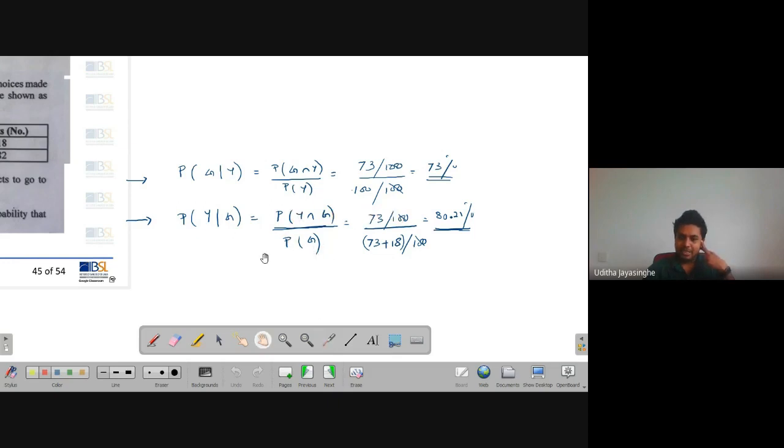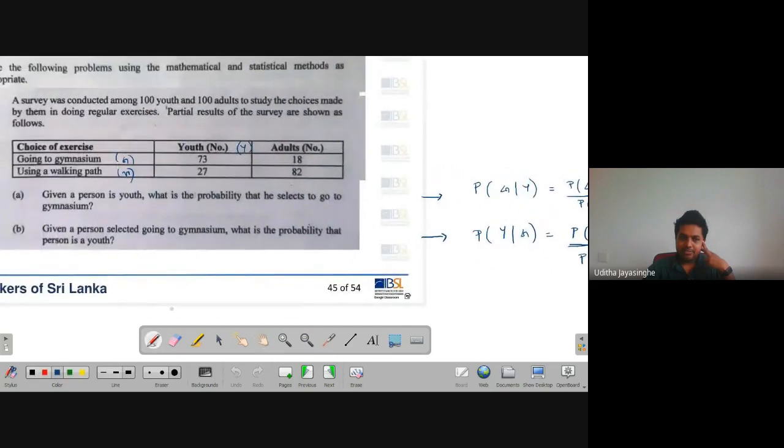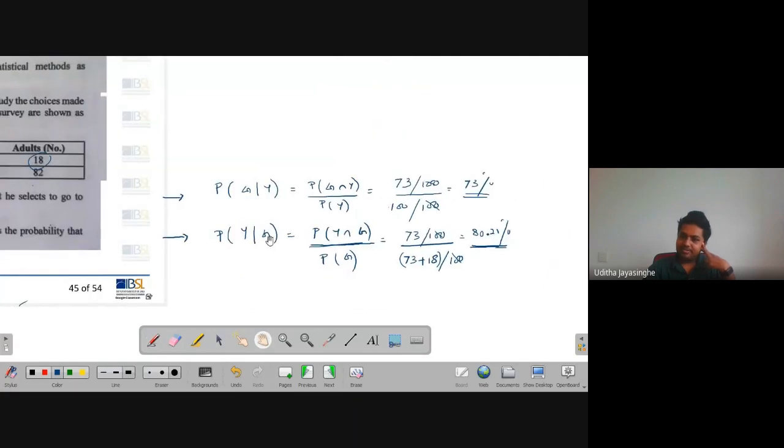Now let's try to calculate that part. Probability of going to gym means nothing but the addition of these two elements of 73 and 18, but divided by 100. Divided by 100. Yeah. So you can chop off this 200 and 100 easily, but it's not like 73 divided by 100 anymore, but 73 divided by 73 plus 18. Look at this part carefully.